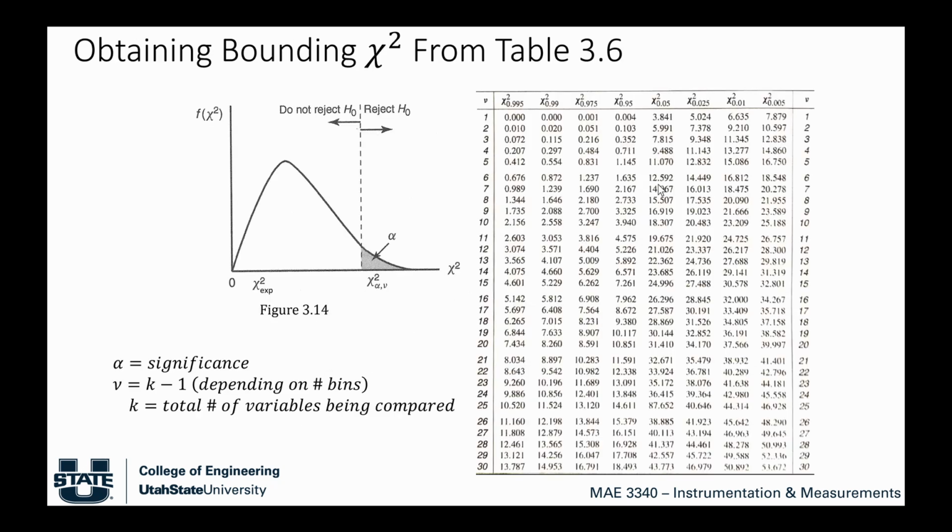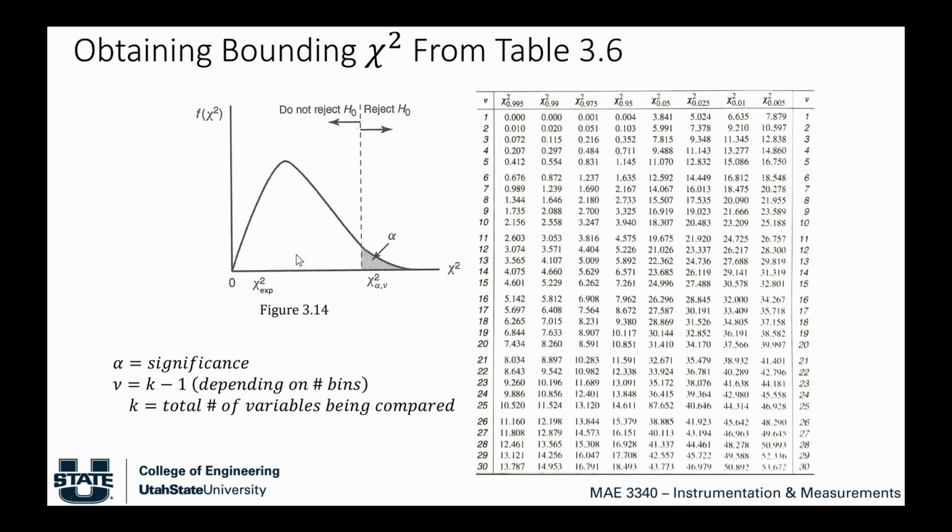So the table looks like this, and you can see that we have variable nu, and across here a variable which is our significance, much like the student's t table. And again, like the student's t distribution table, we have a line here. We're going to set a specific value based off of the value coming out of the table, and anything on this side of it, we're going to reject the null hypothesis.